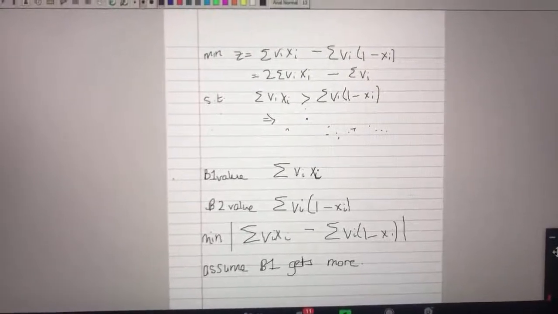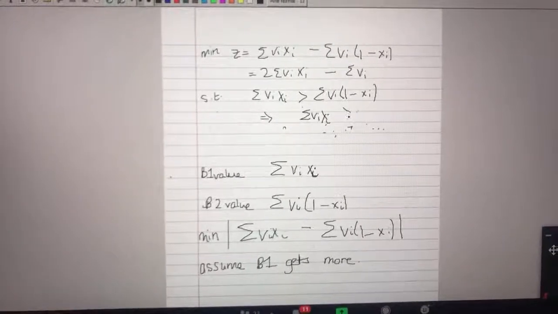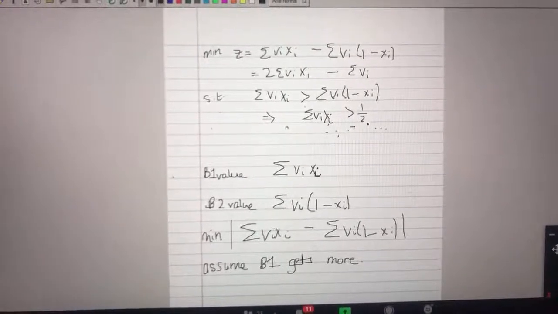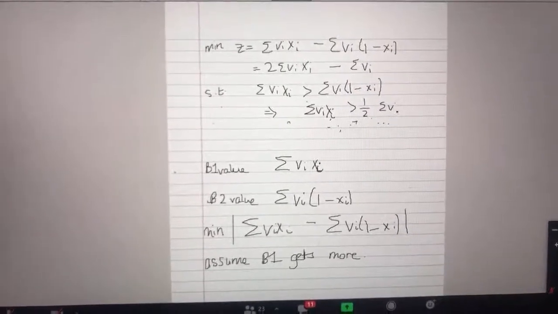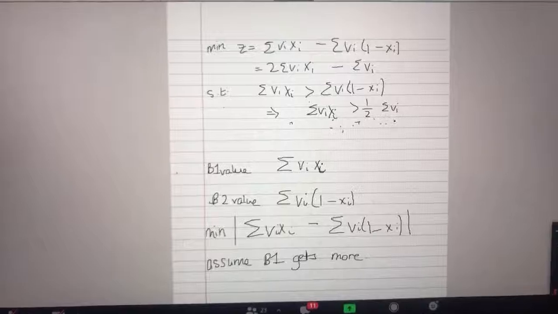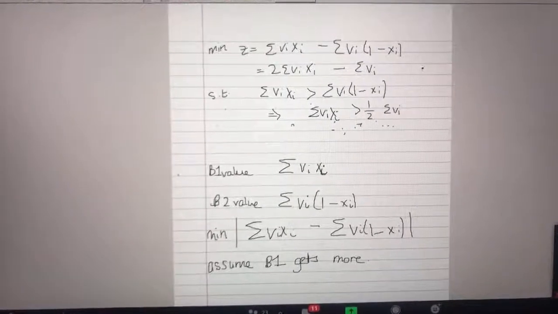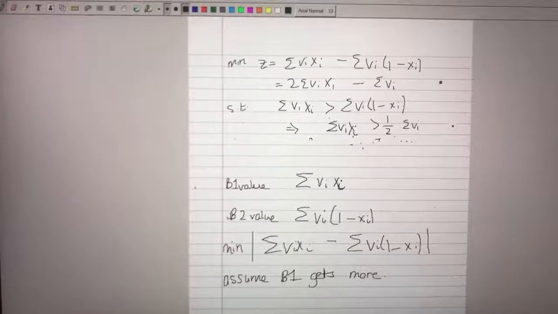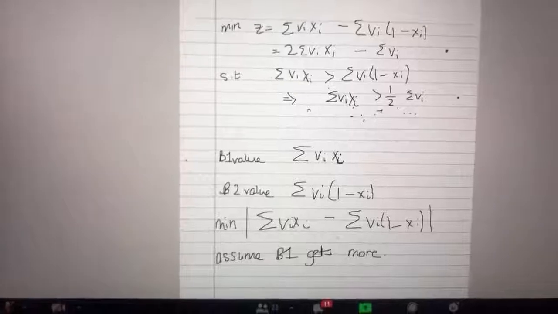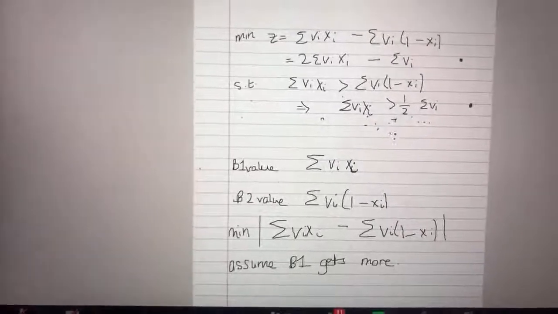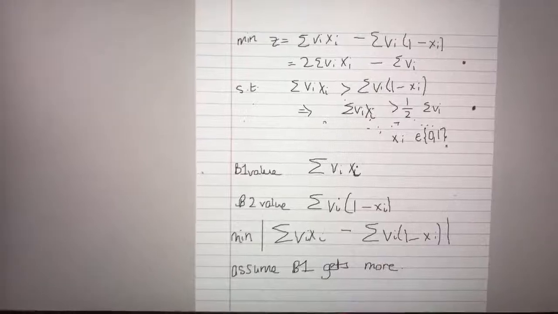Sum of vixi is greater than a half sum of vi. Okay, so this is our objective function up here, this is our constraint. And the other thing, we also need that the xi's are in 0 and 1, obviously.